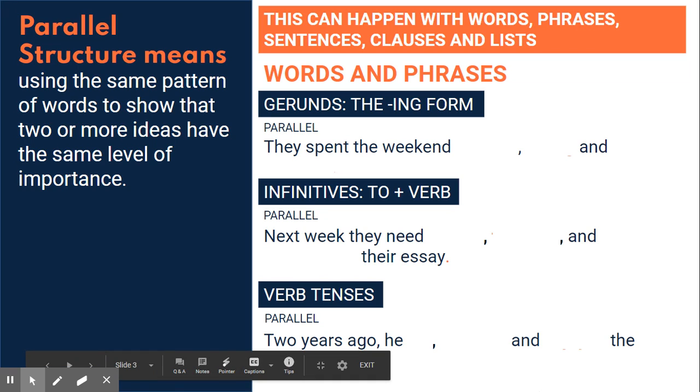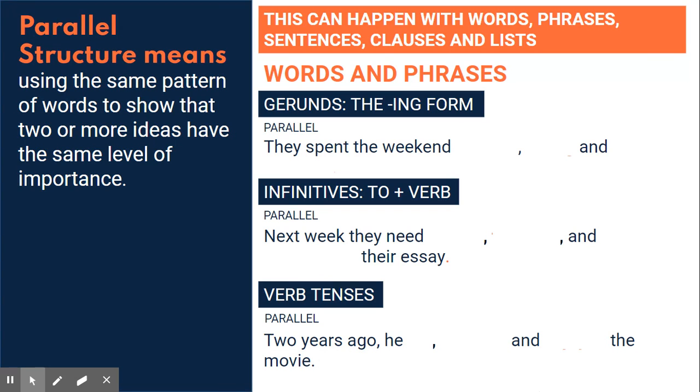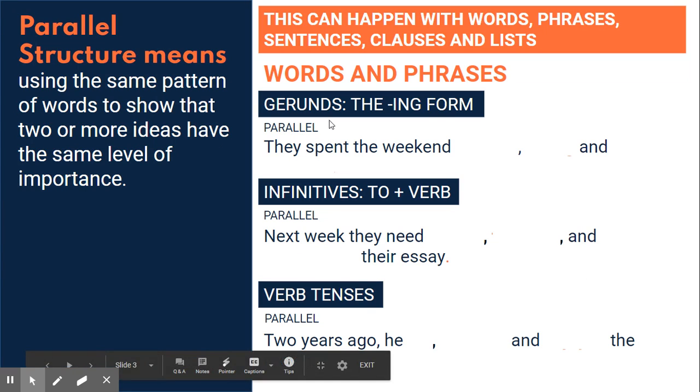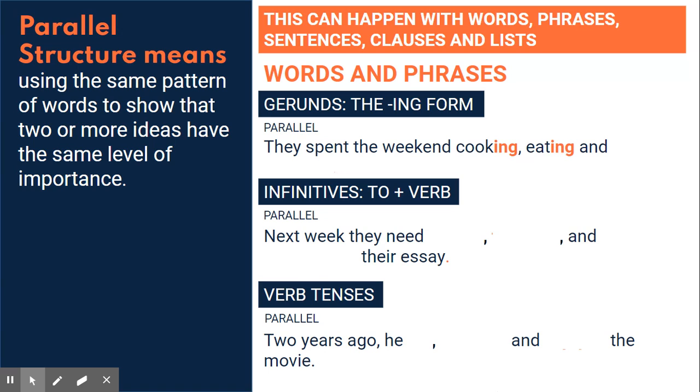Okay? So these are some examples of parallel structure used with words and phrases. We can use gerunds to help form parallel structure. A gerund is just a verb that ends in ing that acts like a noun. They spent the weekend cooking, eating, and laughing. Each element within this list is a gerund, so it's parallel.